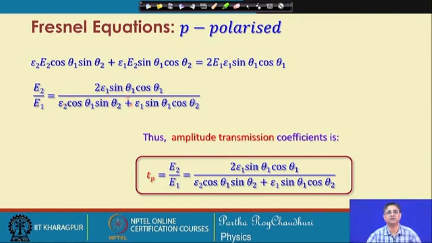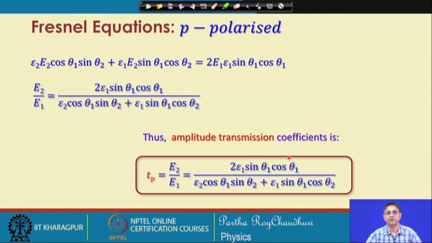Thus, the amplitude transmission coefficient, which we will write as Tp for this p polarized light, is E2 by E1, because it is the ratio of the transmitted electric field amplitude to the incident electric field amplitude.